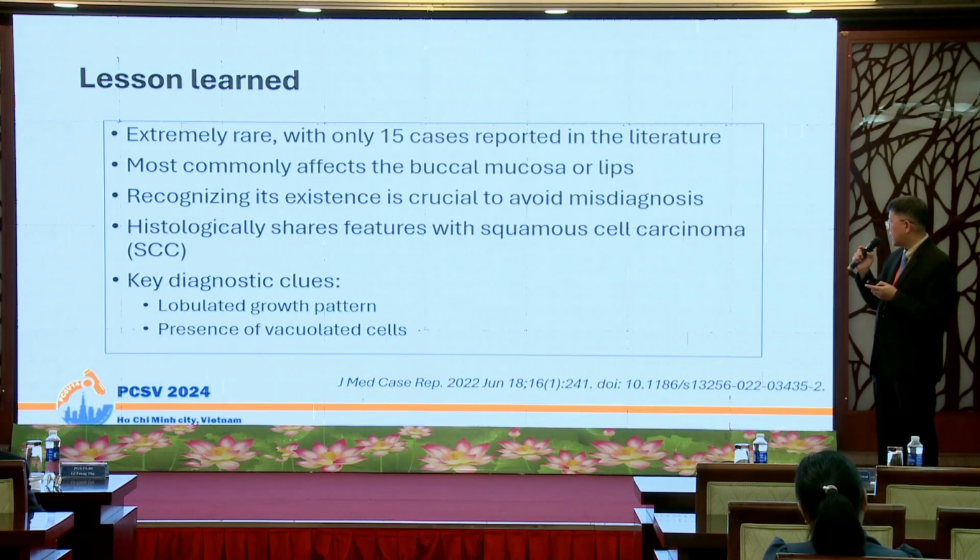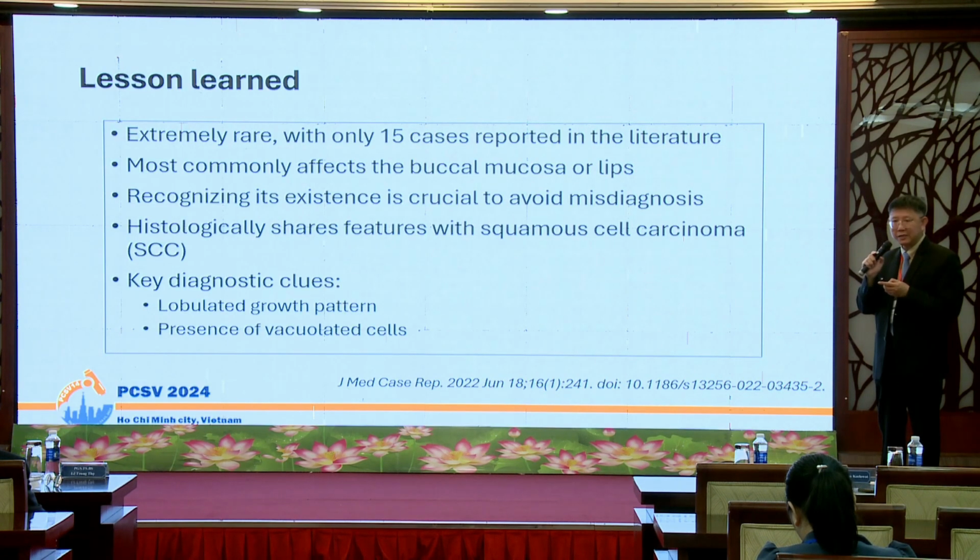So sebaceous carcinoma in the oral cavity has been reported. Only 15 cases are reported in the literature, not including this case. The most common areas are the buccal mucosa and lips.